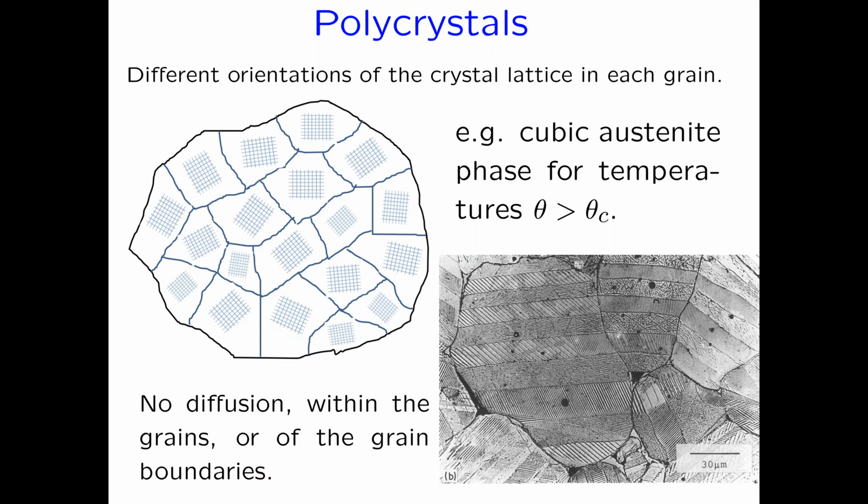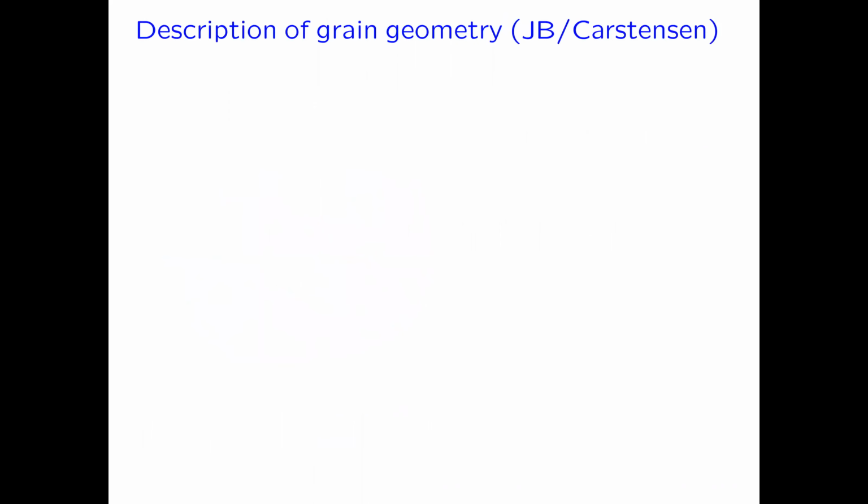So there's no diffusion, of course, within the grains or of the grain boundaries. There are a lot of studies at higher temperatures of diffusing grain boundaries. This is a separate subject in itself. But here we're at a low enough temperature for the grain boundaries to be fixed. So you can decide how to describe this grain geometry.